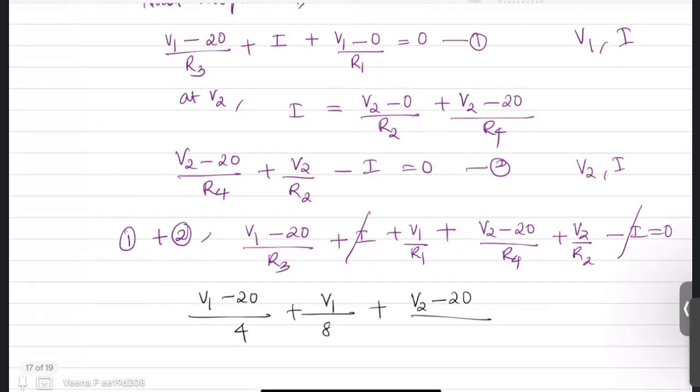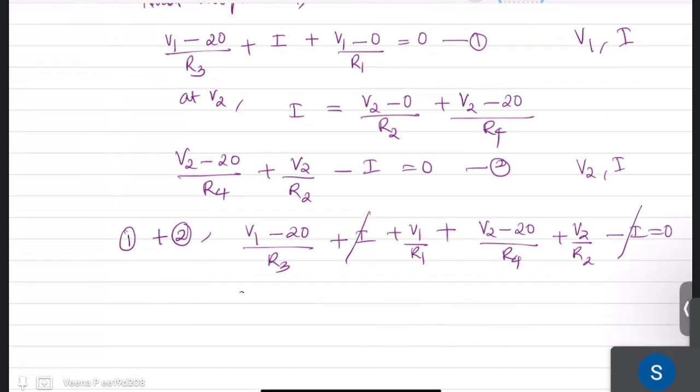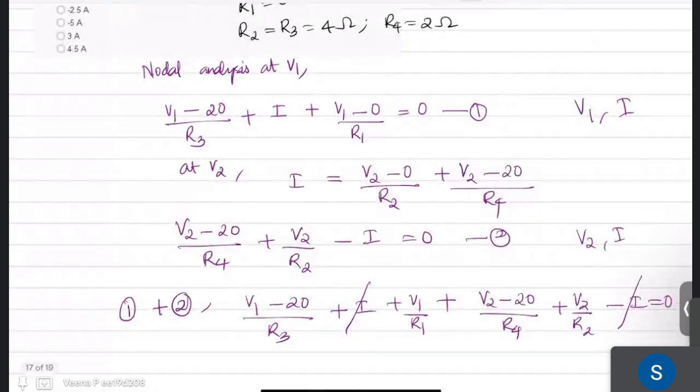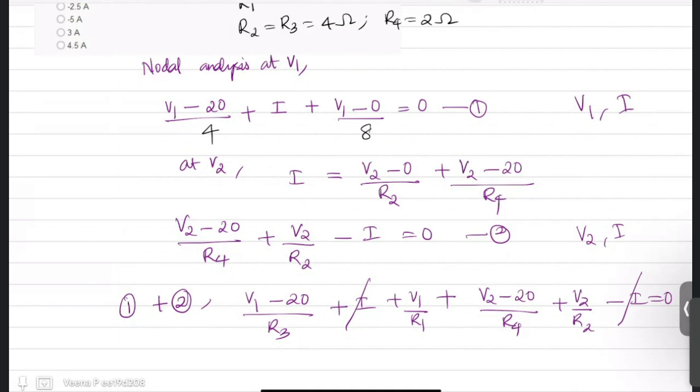I can replace the values in the original equation: R3 is 4, R1 is 8, R2 is 4 and R4 is 2.